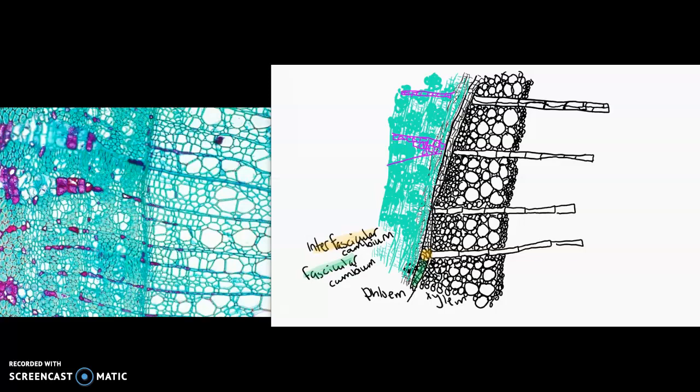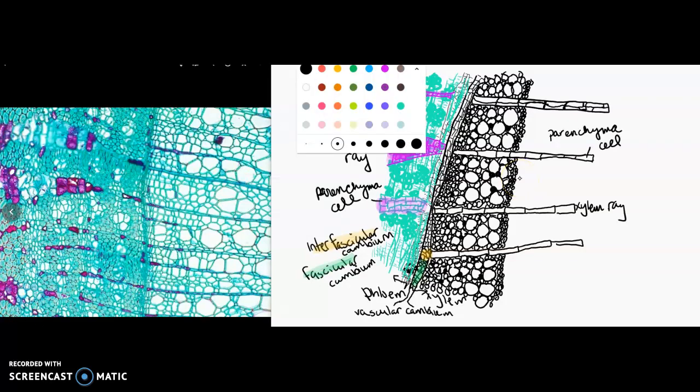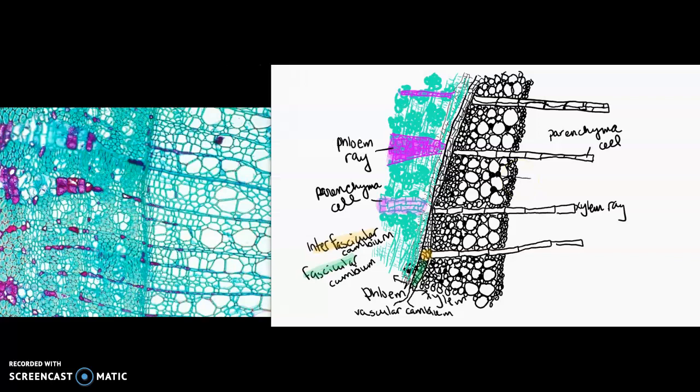Again, the ray, when it is in the phloem, is a phloem ray. When it is in the xylem, it's called a xylem ray. But it's really the same path across that trunk. And then the last thing that I want to just label here is the xylem fiber.